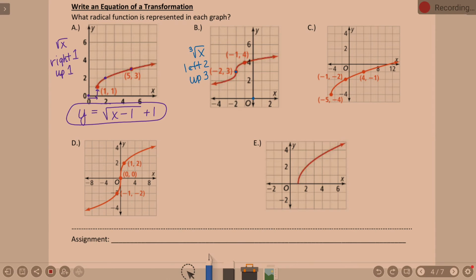Yeah, because to go from negative 2, 3 to negative 1, 4, it's over 1, up 1. We could also go over 1, down 1, and land on a spot, couldn't we? So with that in mind, there's no stretch again. But I'm prepping this for a reason, right? There will be stretches eventually. So this is what we can look at. So write an equation. Y equals the what?